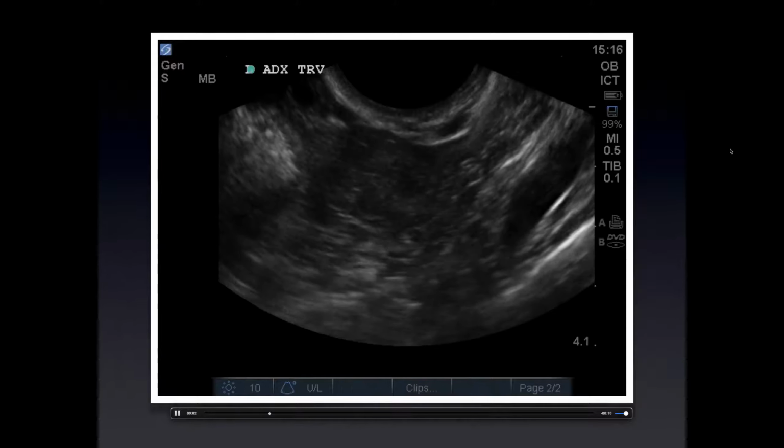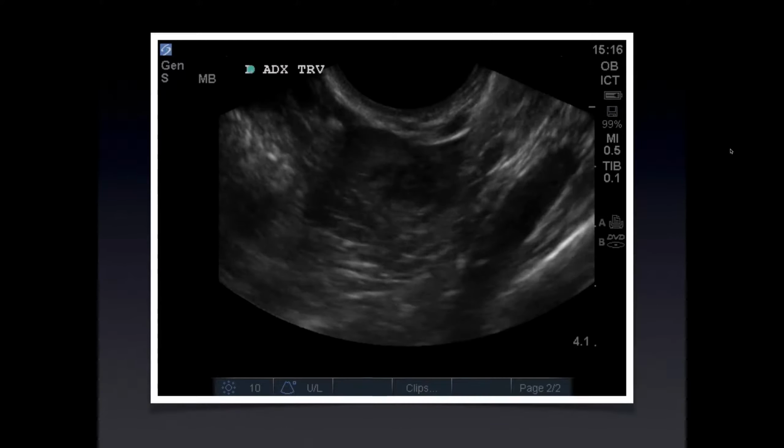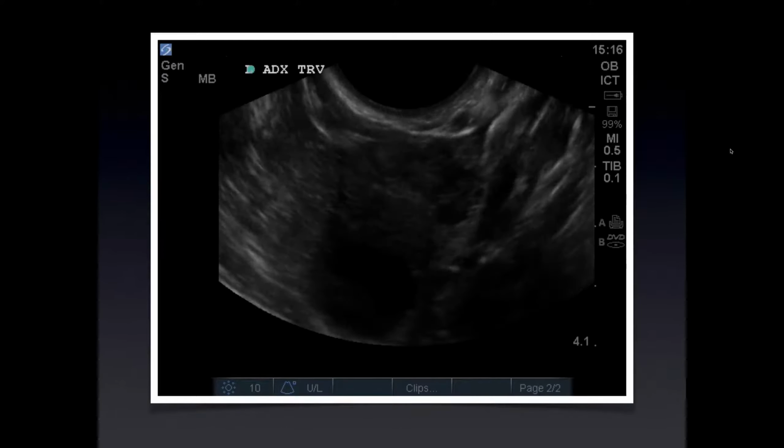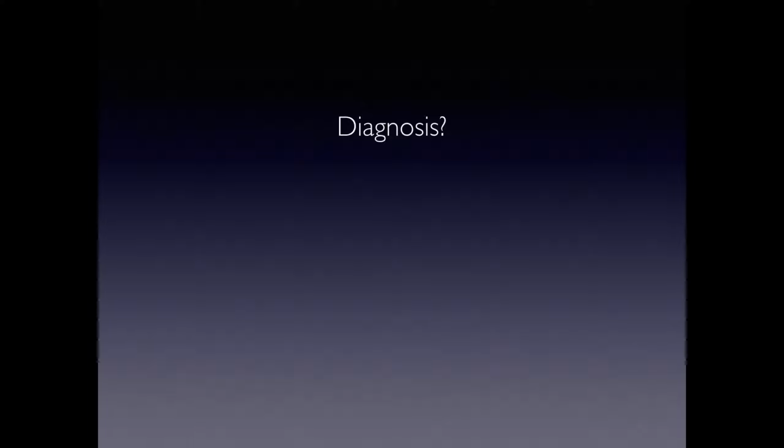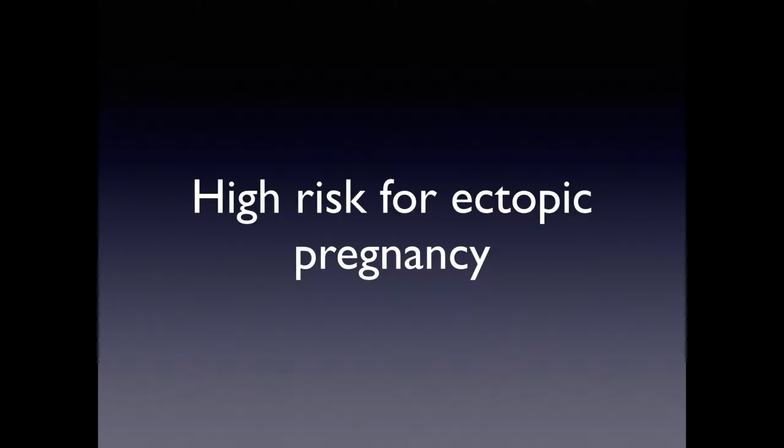We cannot be sure about what this mass is. However, we do know that the evidence suggests that these masses are associated with ectopic pregnancy. Therefore, the diagnosis is no definitive intrauterine pregnancy, but at very high risk for ectopic pregnancy, so an OB consult is mandatory.